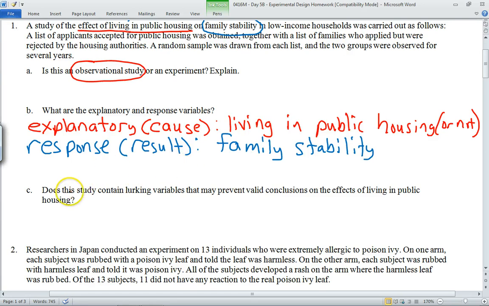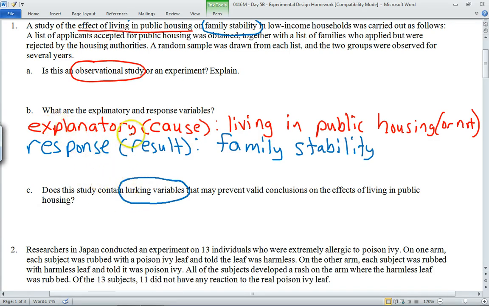Okay. Now, does this study contain lurking variables that may prevent valid conclusions on the effects of living in public housing? Are there lurking variables? Do you guys remember what lurking variables are? What are lurking variables? Blurt it out. I don't know if anybody said anything or not, but lurking variables are the variables that are not among the variables that we are trying to measure.